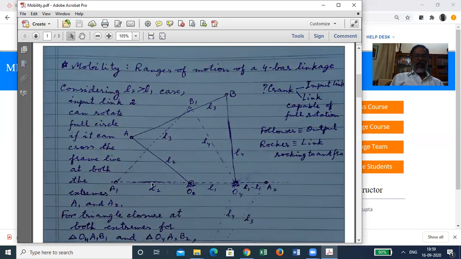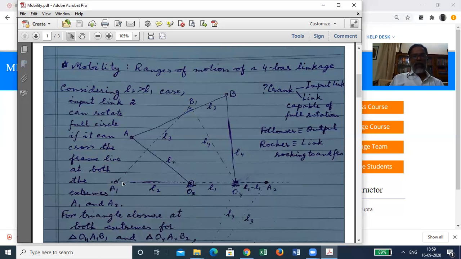So that means the triangles that we are looking for, which should be possible, are O4, A1, B1, and similarly O4, A2, and B2. So this is L3, this is L4, this is L3, this is L4. These two triangles should be possible. That means they should not violate the basic necessity for triangle formation, that the sum of two sides should be larger than the third.